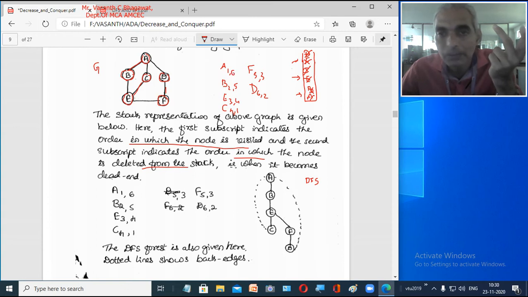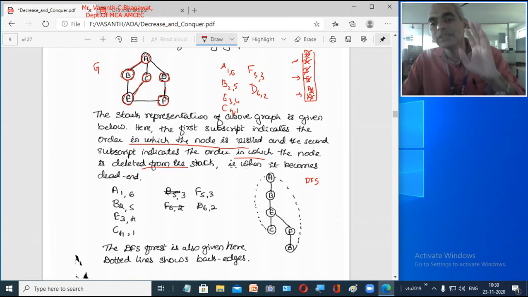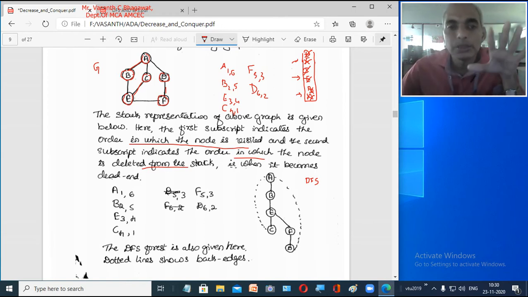So 1, 6. So now you check, is there any element in our stack? No, stack is empty. So you stop your algorithm. Now this is how we are going to traverse the graph by using the DFS algorithm. So when you are traversing your graph by a DFS algorithm, this is how you are going to write.